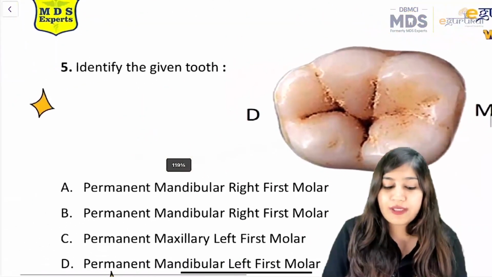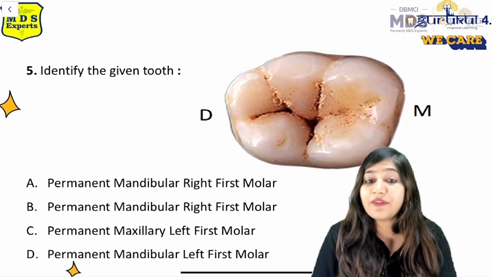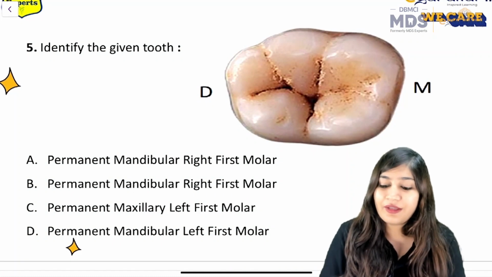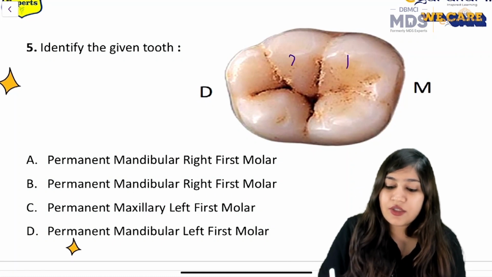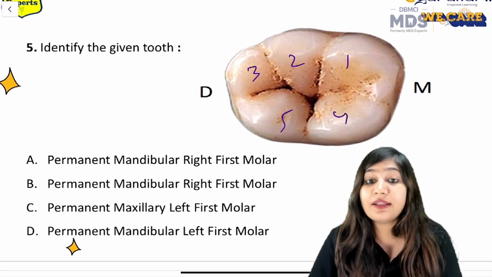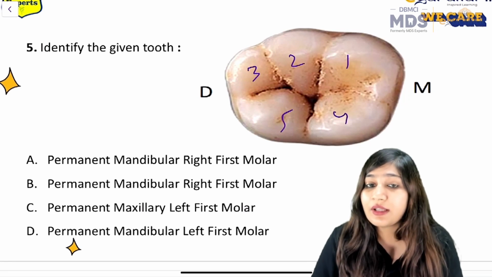Now coming to the next question, again from dental anatomy. Identify the given tooth. So which tooth is this? How many cusps are seen here? 1, 2, 3, 4 and 5. So mainly there are 5 cusps. 5 cusps are present in which tooth?